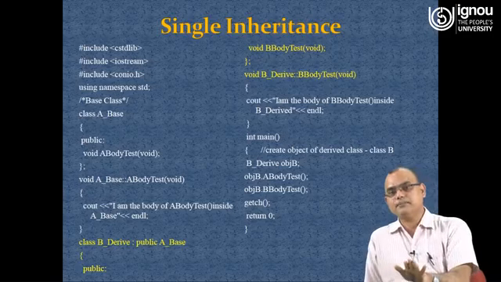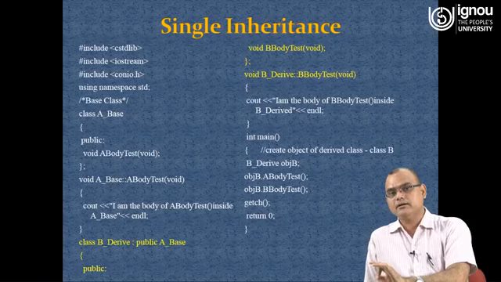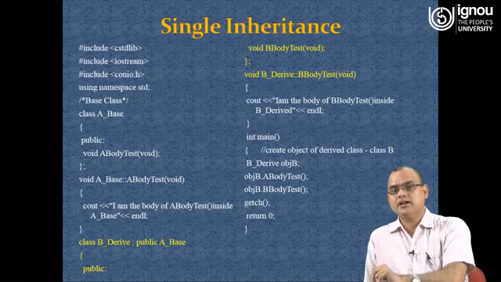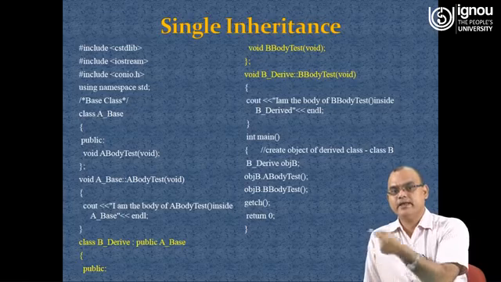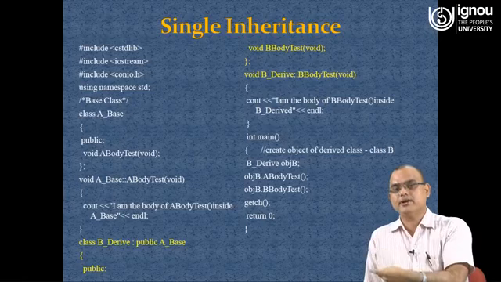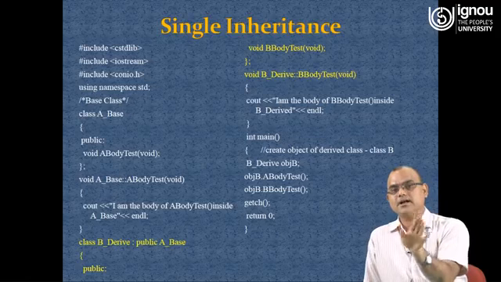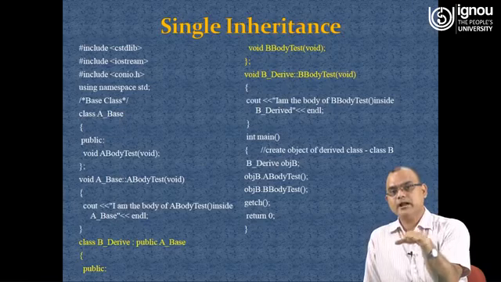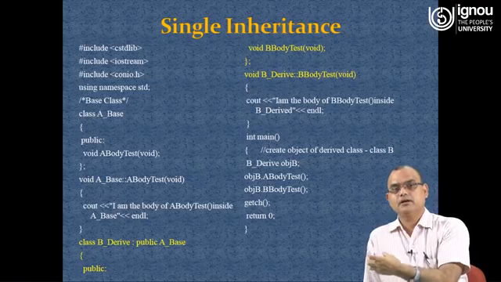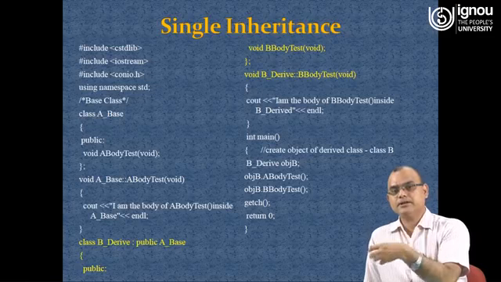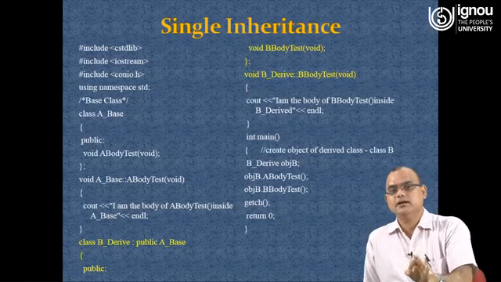Now see, what advantage is this program showing us? This is showing that the derived class now has the capability to access two methods. One is its parent method, that is A body test, and second is its own method. It means whatever we have implemented in the base class is already there, but if the B derived class is inheriting the base class, then derived class B is now richer with whatever implementation is in the A base class, plus whatever implementation the B derived class has done on its own.